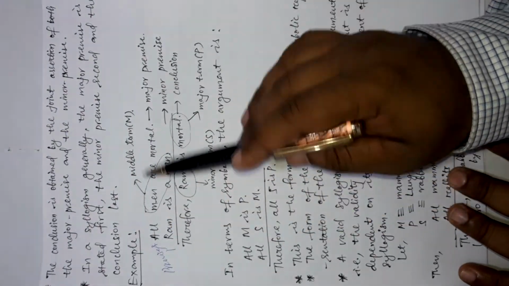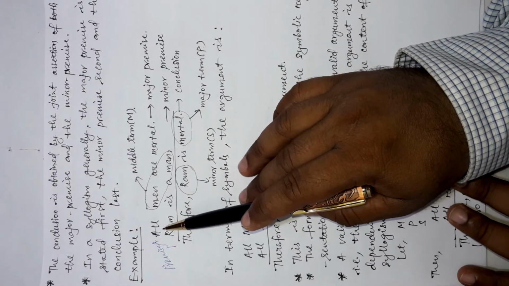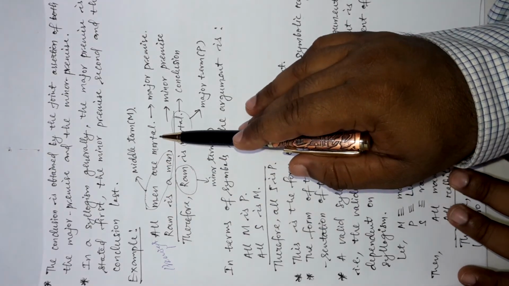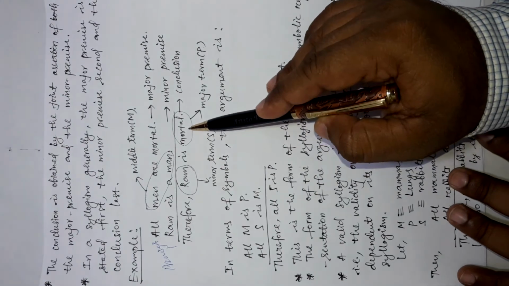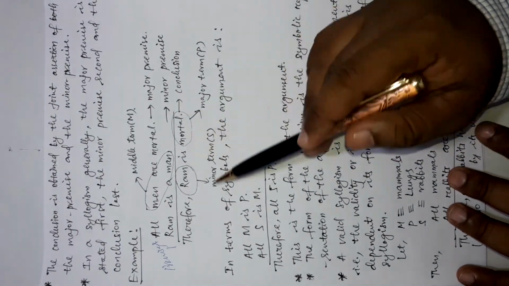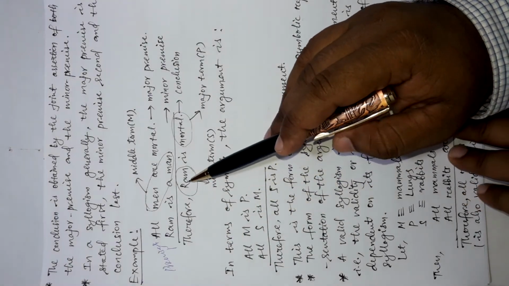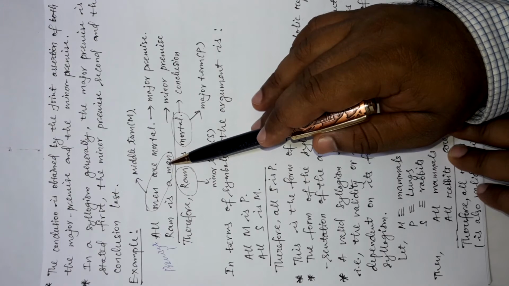This is an example of a syllogism, and the three propositions here are: all men are mortal, Ram is a man, therefore Ram is mortal. Let us discuss all the facts we have discussed just before. Why is it called a syllogism?